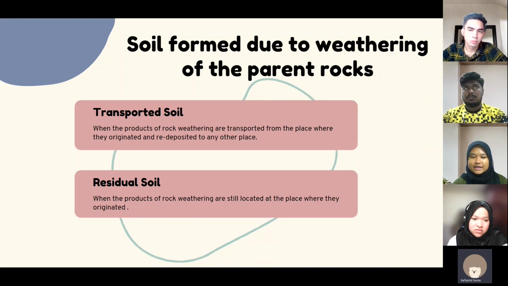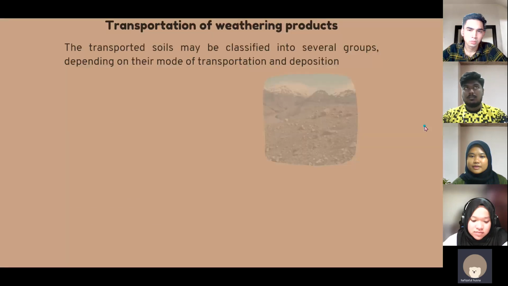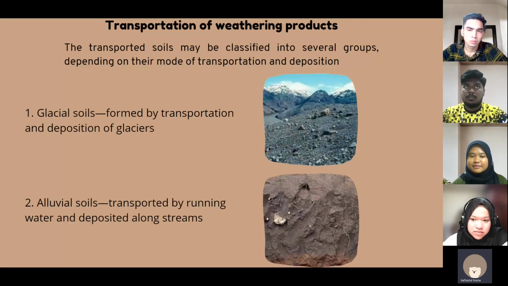Residual soil is soil where the product of rock weathering is still located at the same place where it originated. It means it doesn't move. Transported soil might be classified into several groups depending on their mode of transportation and deposition.